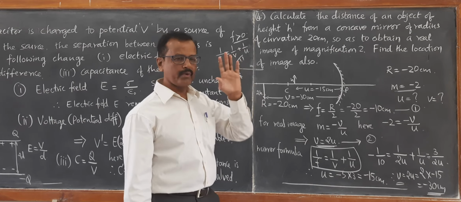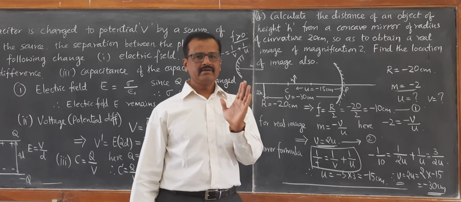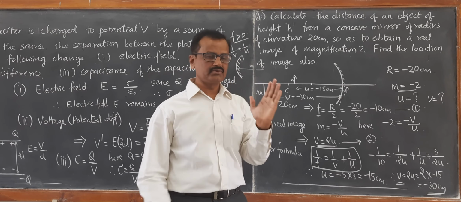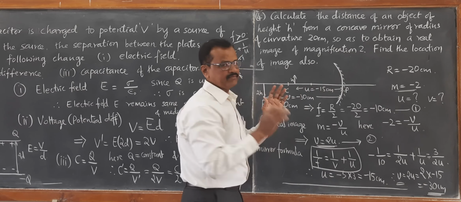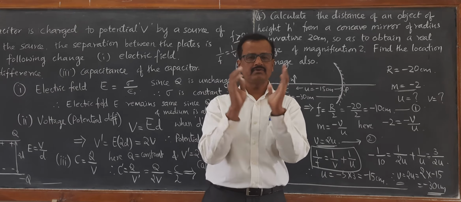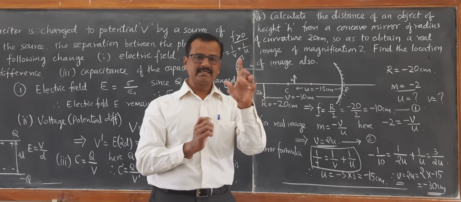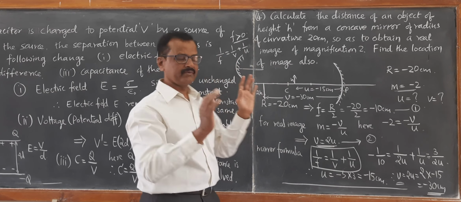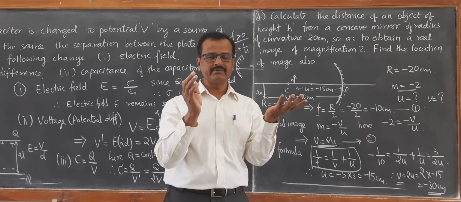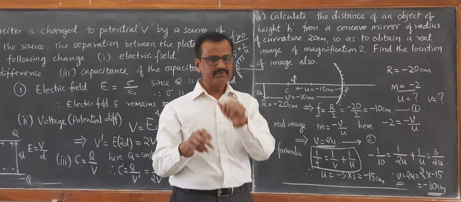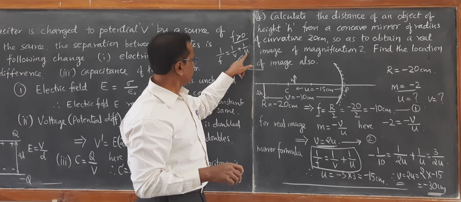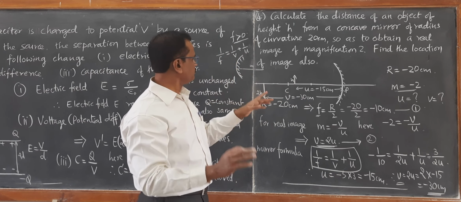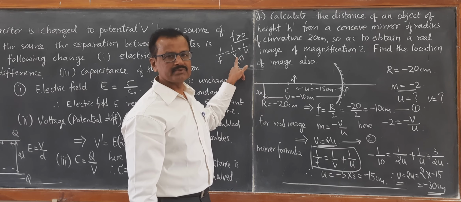For a convex mirror, focal length is always positive because focal length is towards the right side. Focal length is always greater than 0. And object distance in front of the mirror is always negative. U is negative, F is positive, if and only if V is positive.